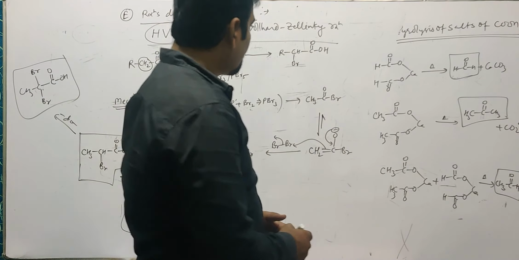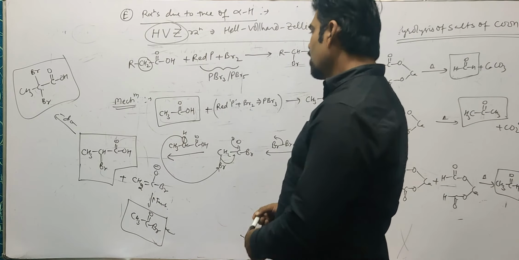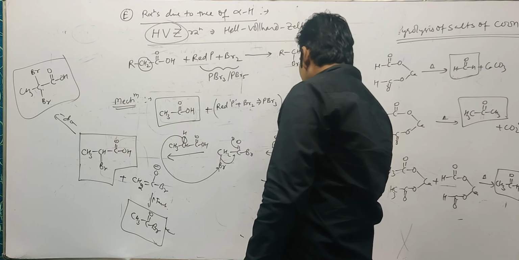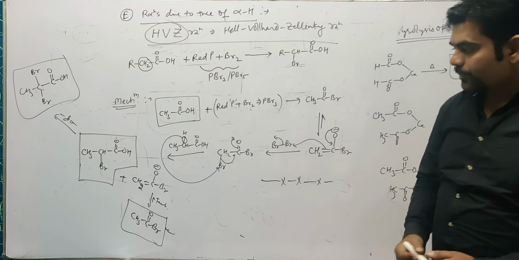Okay, this is all about the Hell-Volhard-Zelinsky reaction, and this is all about the reactions of carboxylic acid, and this is all about the chapter carboxylic acid. Thank you very much.